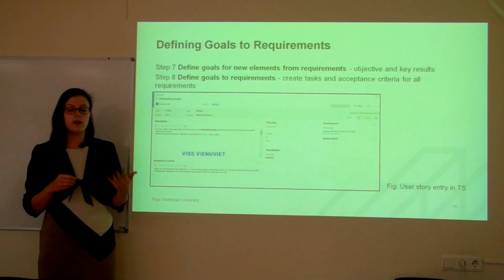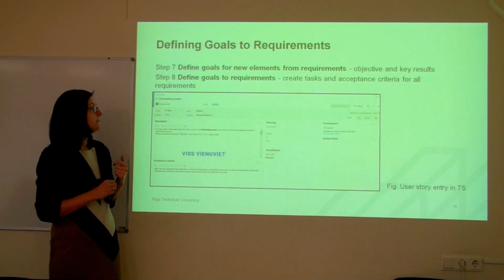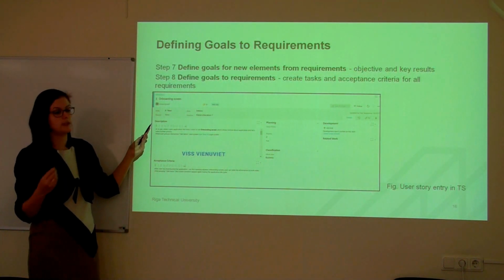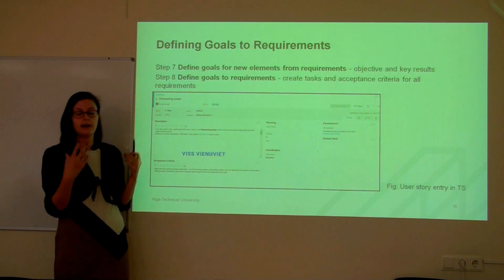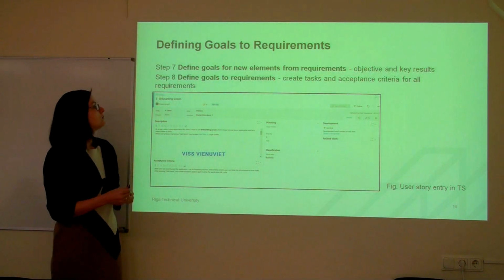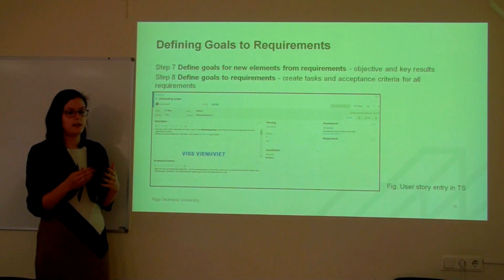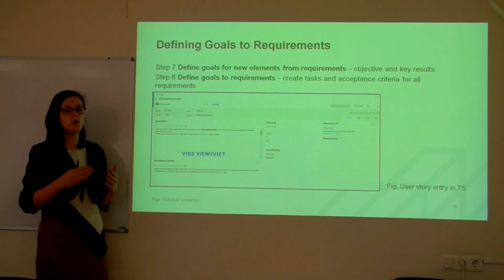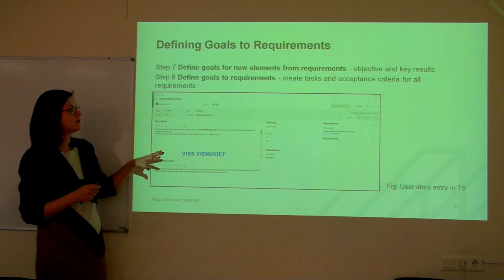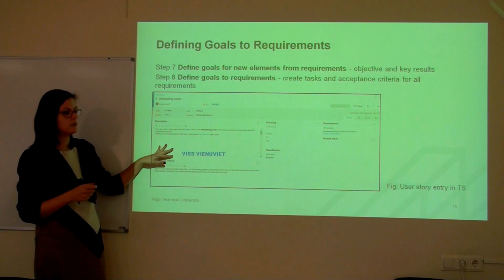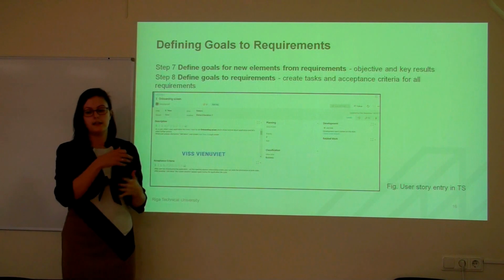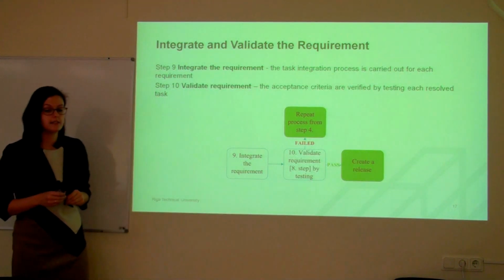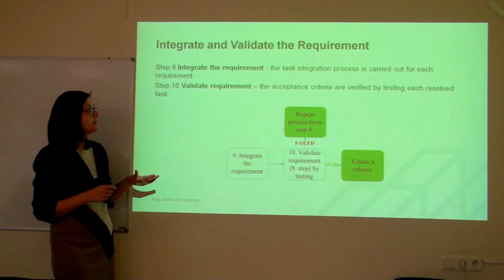So there's a clear vision of what should be done. And define goals to requirements. Then create tasks. Under the user story, I create tasks, which are for developers for different kinds of practical implementation. So it's done by each person who will work with this task. And acceptance criteria is defined also in the user story, so that the requirement can be tested afterwards. And the final 2 phases are integrate the requirement.